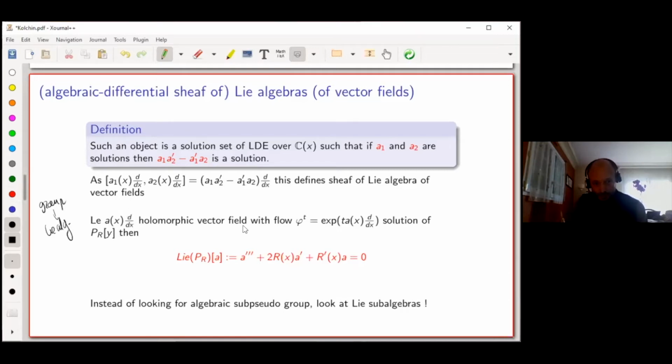You take a holomorphic vector field, you compute its flow, given by the Cauchy theorem. And then you ask for conditions on A such that this flow, for any value of t, is always a solution of this Kummer equation. And then you obtain the linearized equation, which is here, that I call the Lie of PR. And this is this third order equation here.